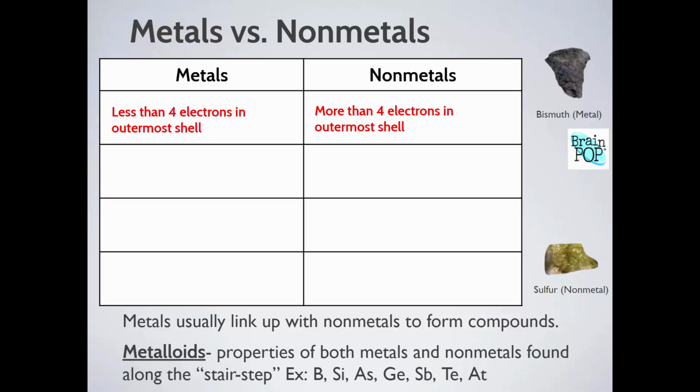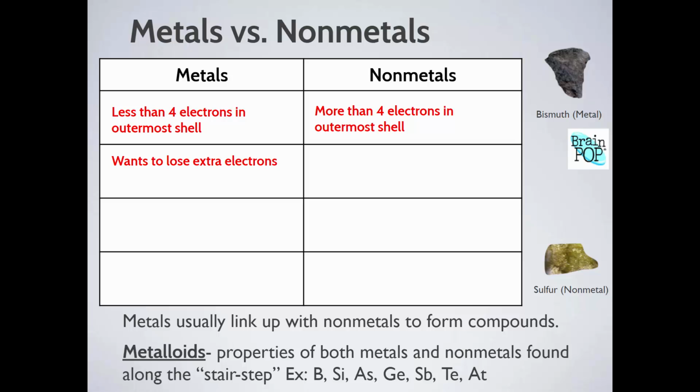Where do you find the metals on the periodic table? Not top, but left in general. Left side of the periodic table, and nonmetals are on the right side.